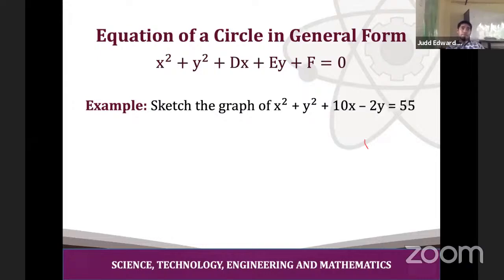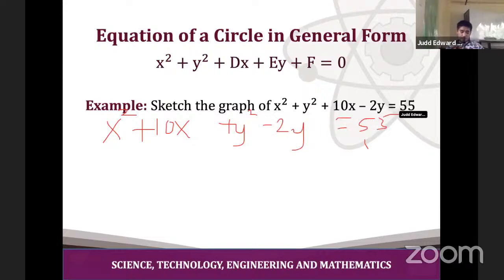Lahat daw nung may term na x, kailangan nasa kaliwa. Okay, so pagsamasamahin muna. We will now be having x squared plus 10x plus y squared minus 2y is equal to 55. So it is now the time that we need to complete the square.